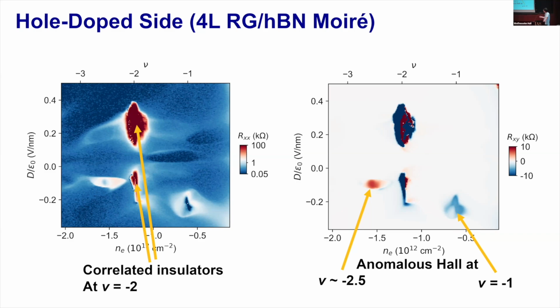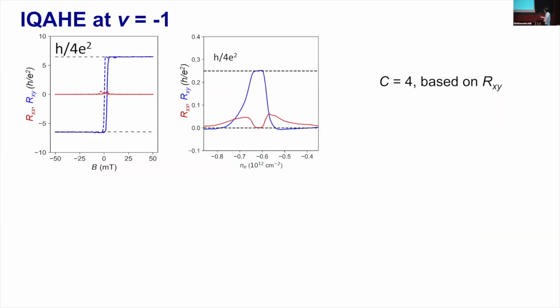So this ν equals -1 state turns out to be a high Chern number quantum anomalous Hall state that has Rxy quantized at h/4e² and corresponds to a Chern number equals 4. Okay, and the Rxx goes to 0. So this looks as well defined as the integer state I was showing you in the pentalayer case on the electron side.